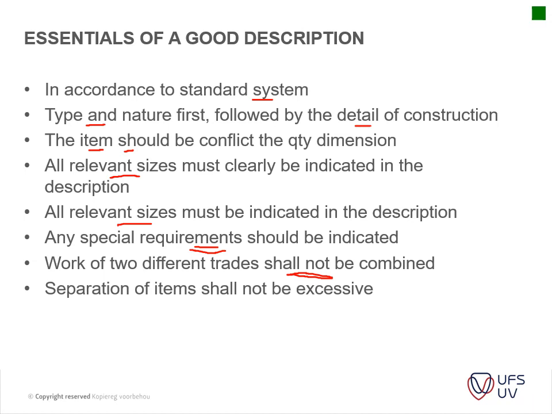Separation of items shall not be excessive. Okay, so you're not going to describe the construction of a steel gate now suddenly with each little steel section measured out in length together or into different sections.